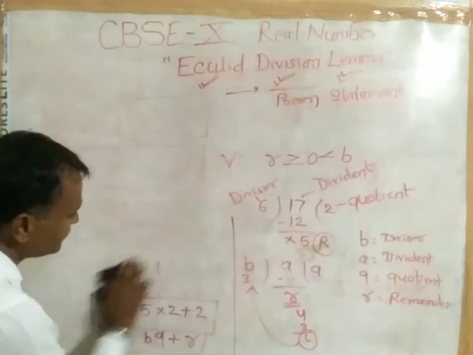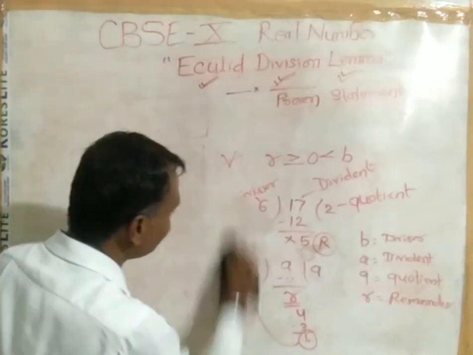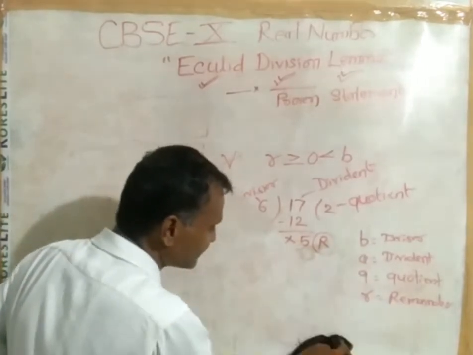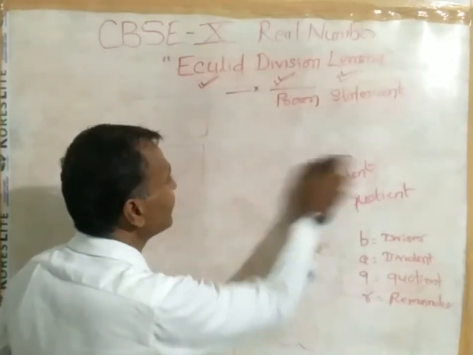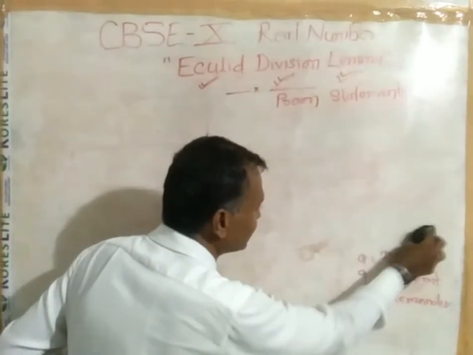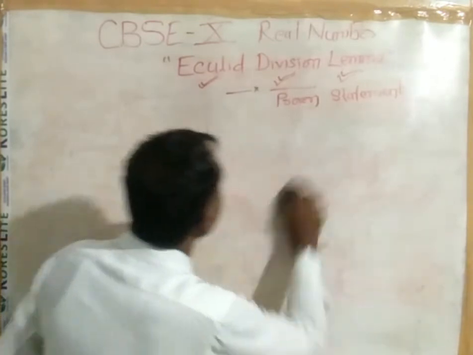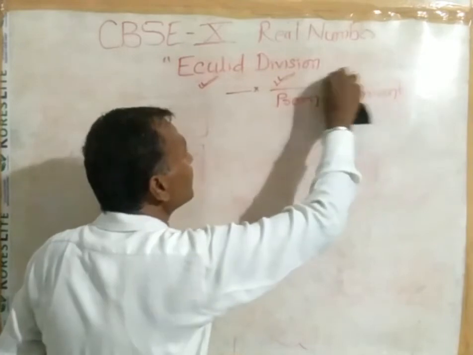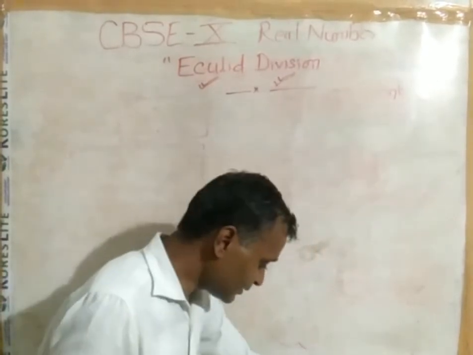I want to tell you that Euclid division lemma is a proven statement that is used for proving another statement. But now we will see Euclid division algorithm.